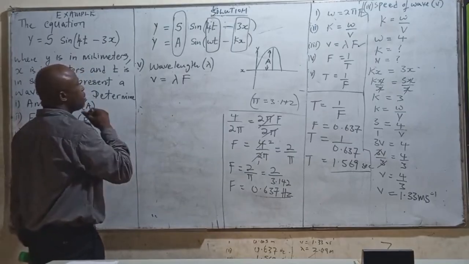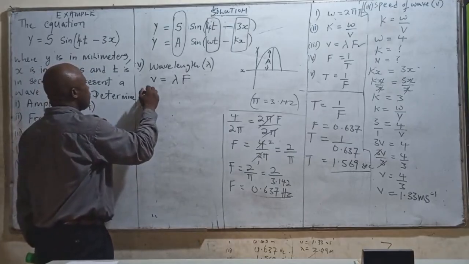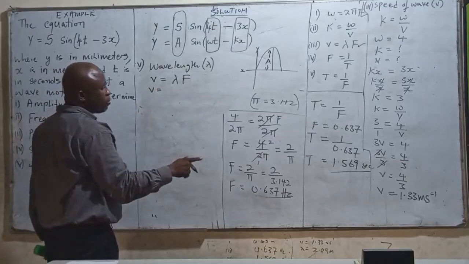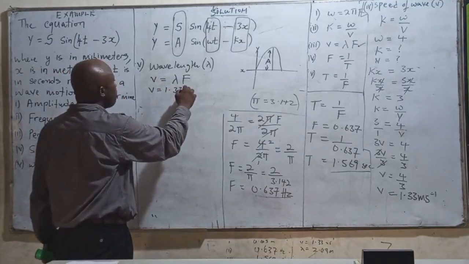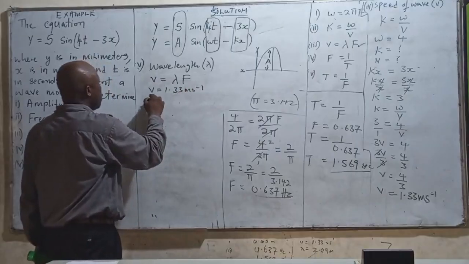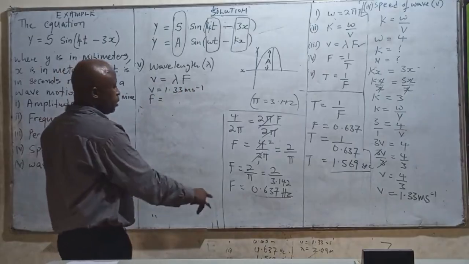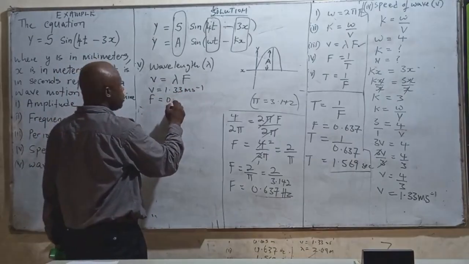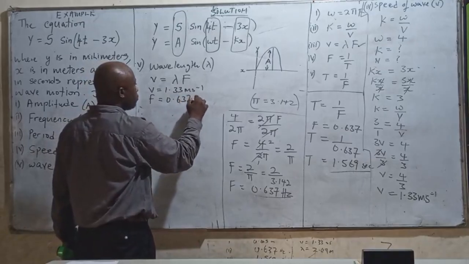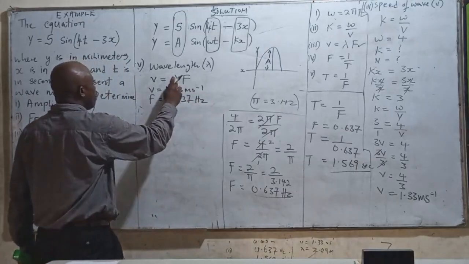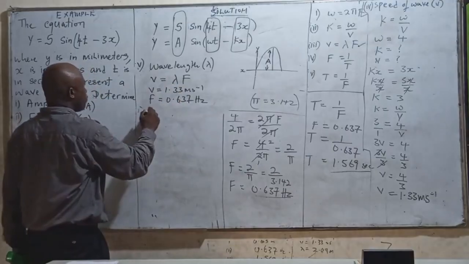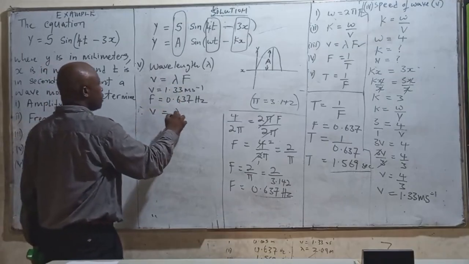We have solved for v, which is 1.33 meters per second, and f is 0.637 hertz. We're interested in lambda, and the formula is v equals lambda f.